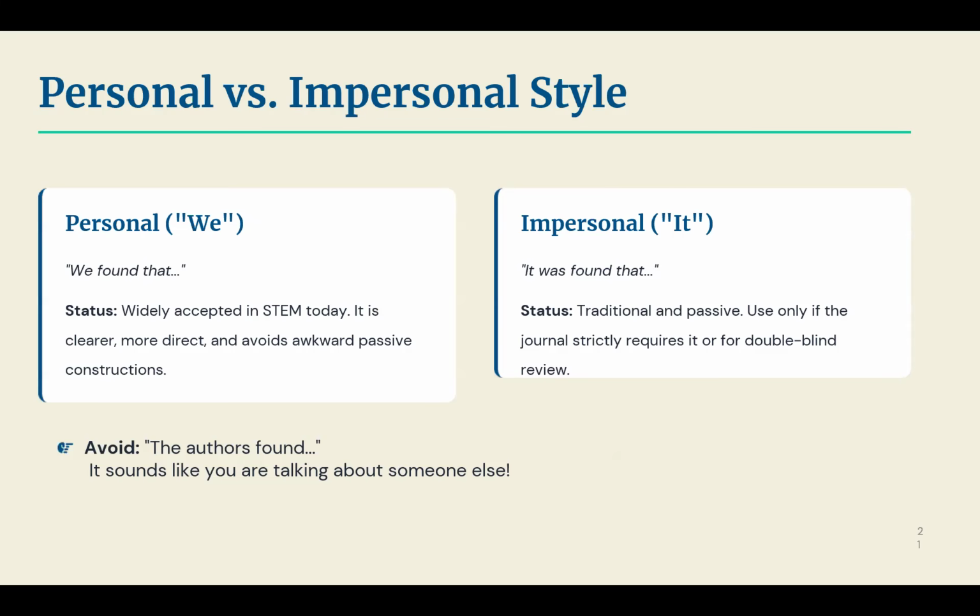This is traditional and passive, but keep in mind, only if the journal strictly asks for that, go for it. If not, go for the personal style. And see before you submit whether the style demanded by the journal is personal or impersonal.